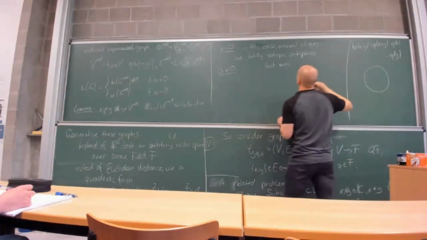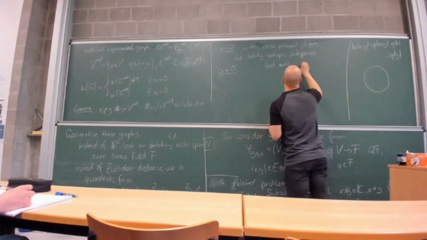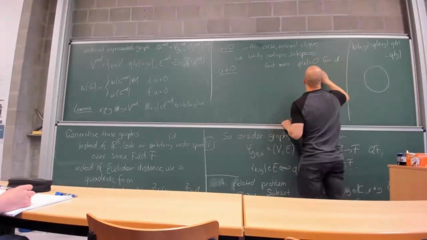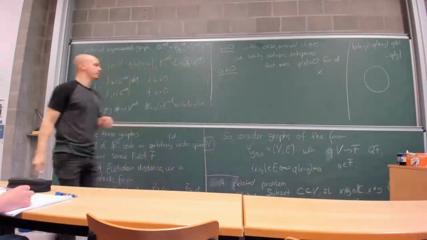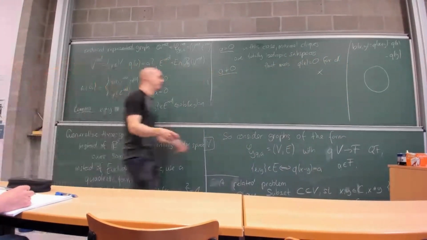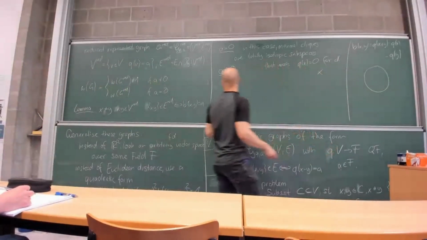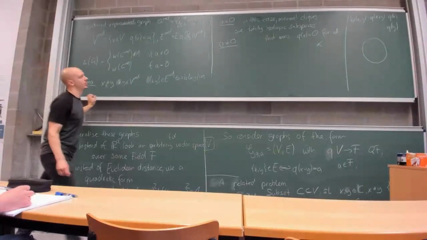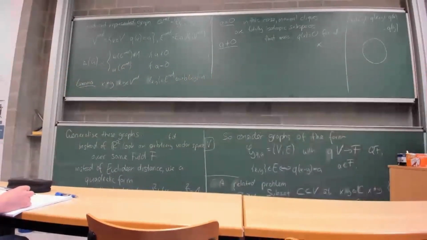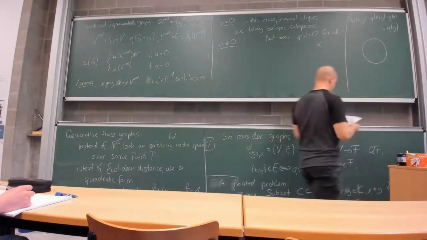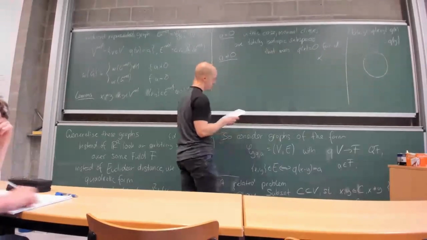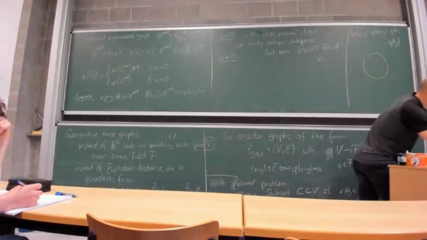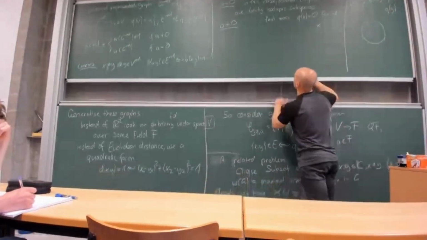So maybe that means P of x is 0 for all x in the subspace. Let me first clear the blackboard before I go on.